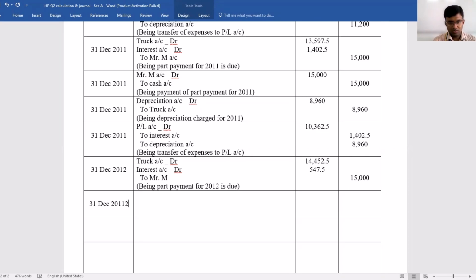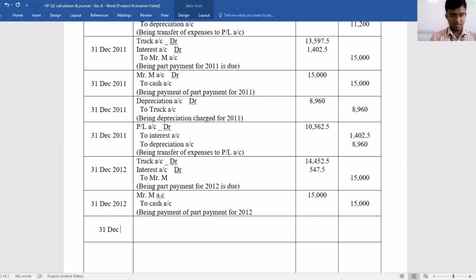31st December 2012. So now we have to release the payment. So Mr. M account 15,000 to cash account 15,000, being payment of part payment for 2012.